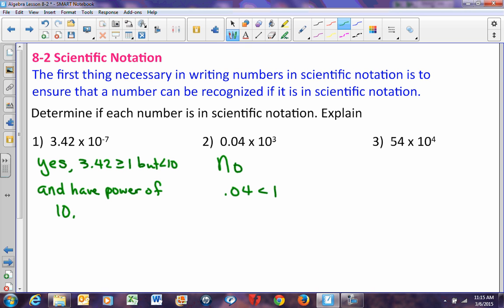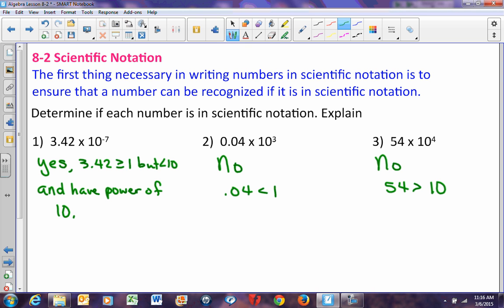Let's look at the next one, 54 times 10 to the 4th. Again, I have a power of 10, but 54 is greater than 10, so this is not in scientific notation either. Being able to determine if something is in scientific notation is really quite important.